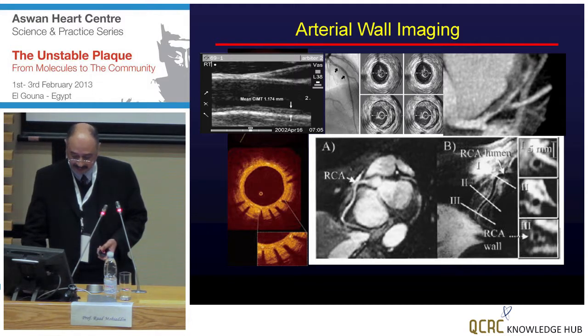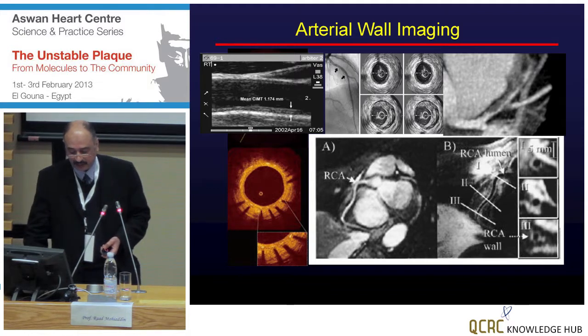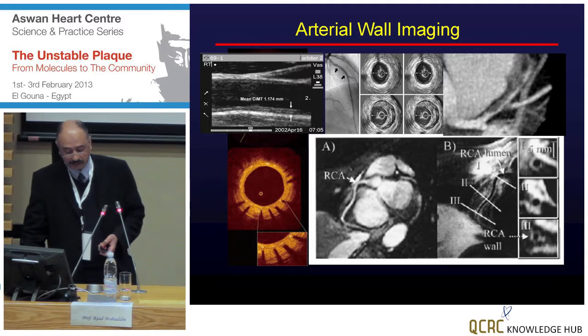MR is another non-invasive technique whereby you can look at the lumen and the arterial wall in various vascular beds. We have the invasive techniques like IVUS, intravascular ultrasound, and optical coherence tomography. Those are more invasive, and therefore follow-up of patients for looking at natural history or progression of the disease can be a little more problematic.